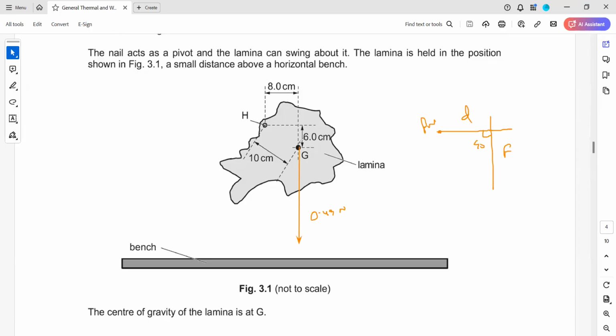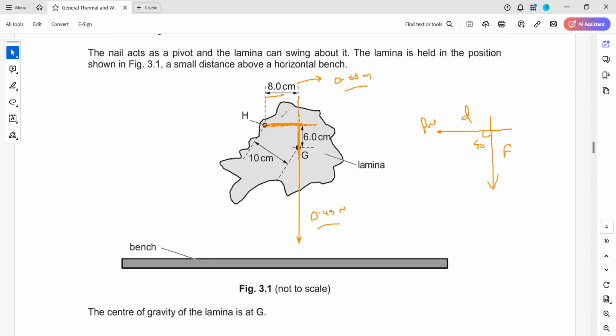So if I extend the line of the weight, and then I extend the line for the distance, this is the distance I should take, which is 8 centimeter, or in terms of meter, 0.08 meter. Because whenever we calculate a turning effect, it is a force multiplied by perpendicular distance, the 90-degree distance.